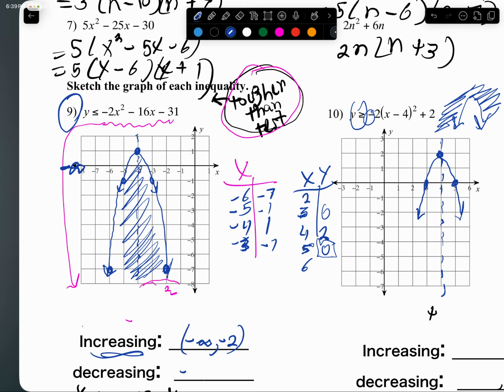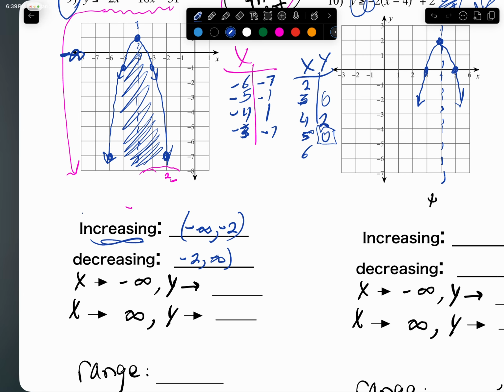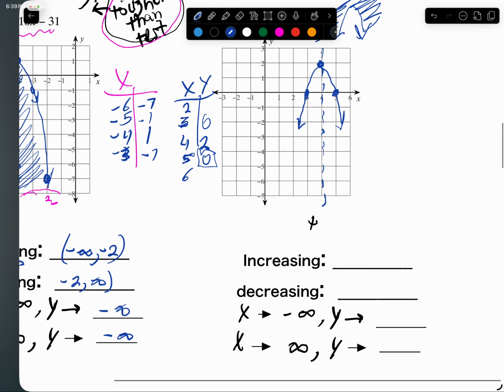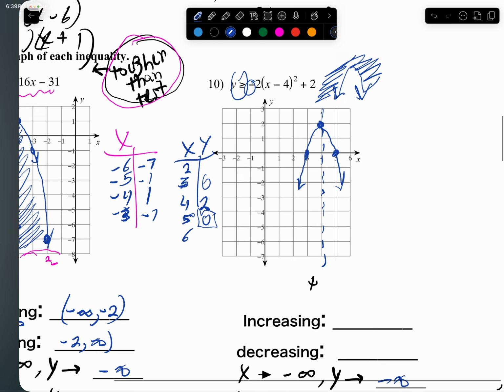And then when it reaches negative 2, from negative 2 to infinity, it's going down after it has that maximum. And it's going down, and it's going down. These ones are going to be negative, negative also, because they're going down.